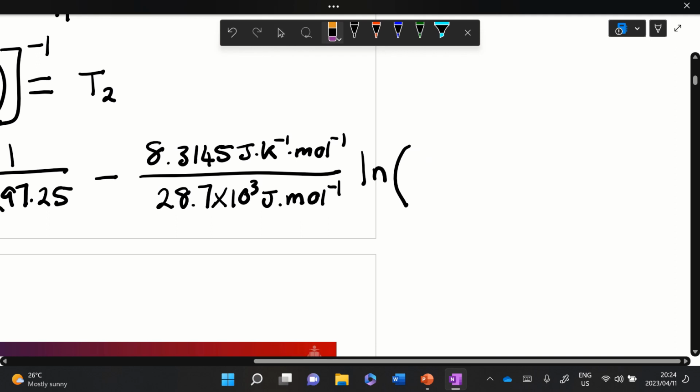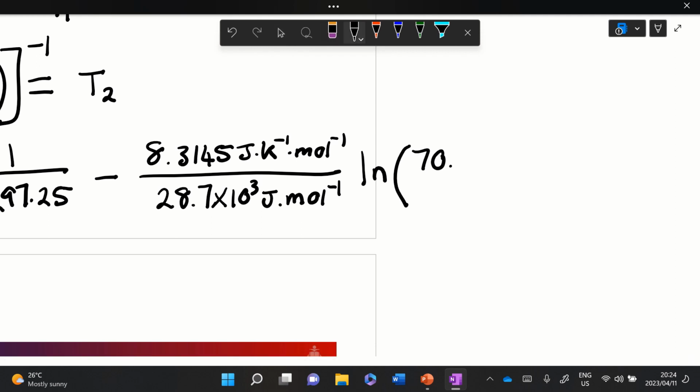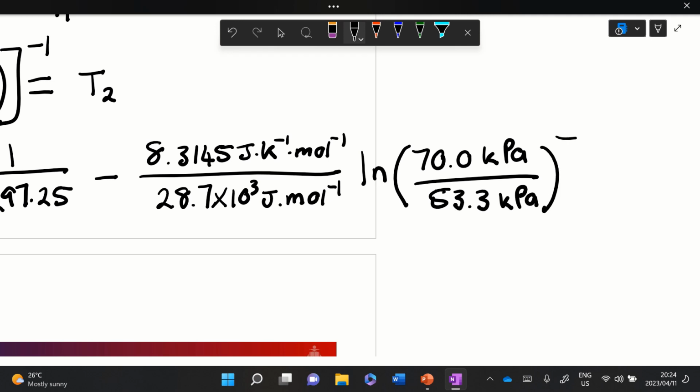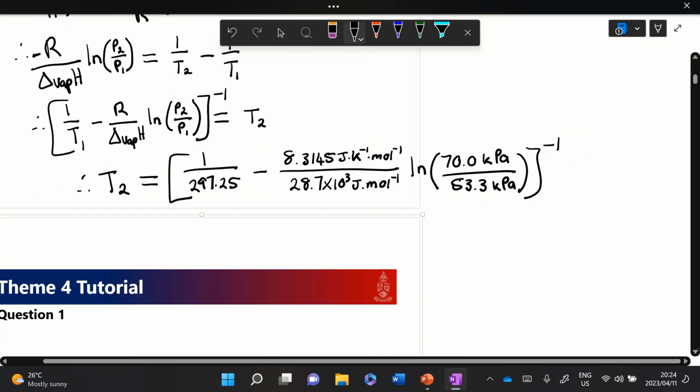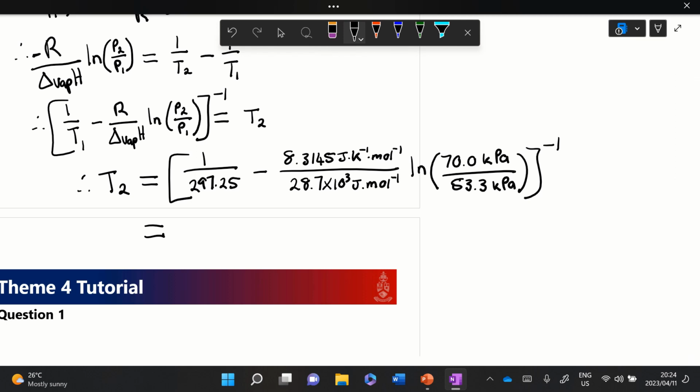Yeah, 70.0 kilopascal over 53.3 kilopascal, right, all to the power minus 1. And then you will get exactly the same answer as before.